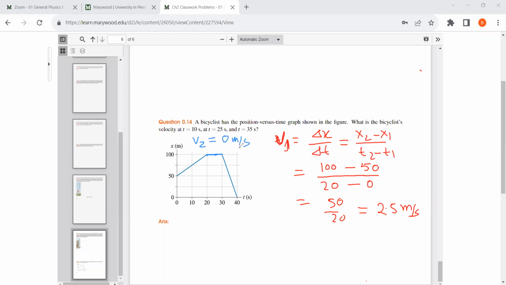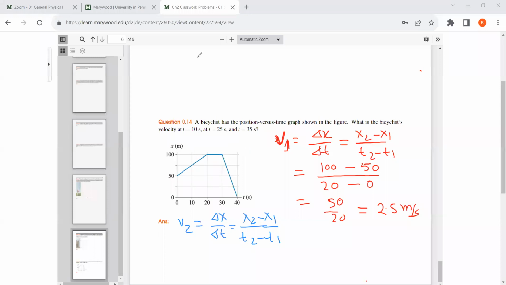Why? You can also use the equation. v2 will be delta x over delta t, x2 minus x1 over t2 minus t1.